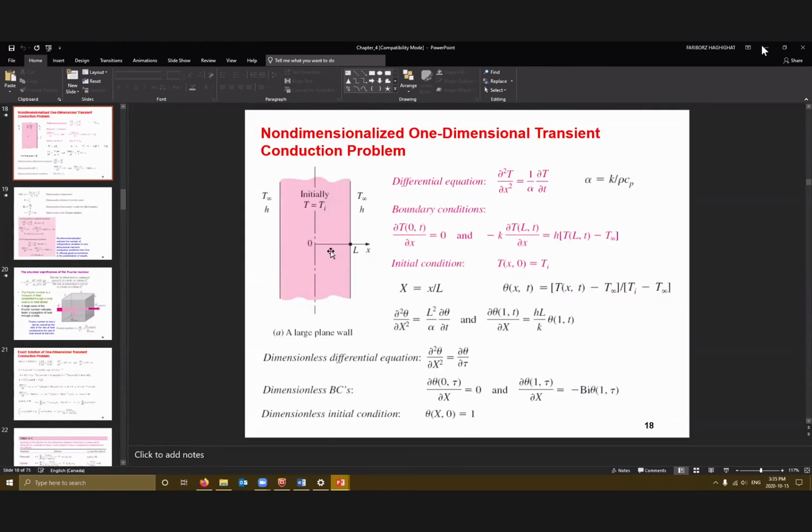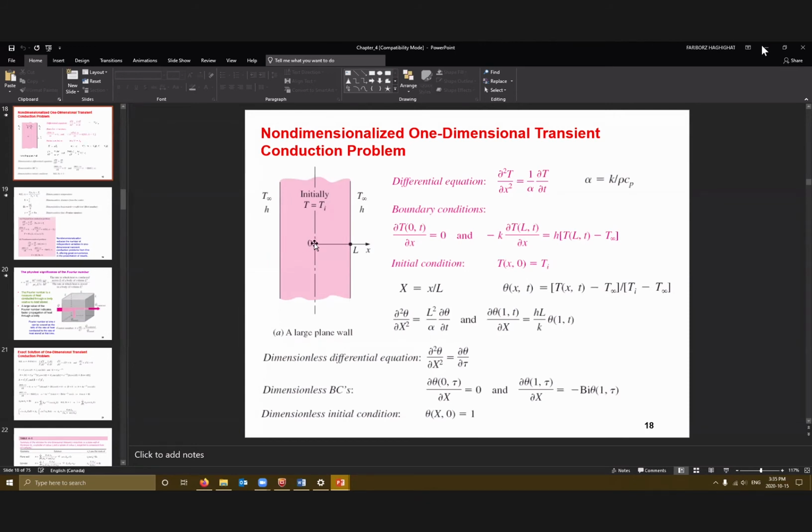The solution that we found was based on the boundary condition for a plate with thickness 2L. From here to here is 2L, and the center is at x equals 0. Therefore, this length is L. That's the boundary condition we developed.